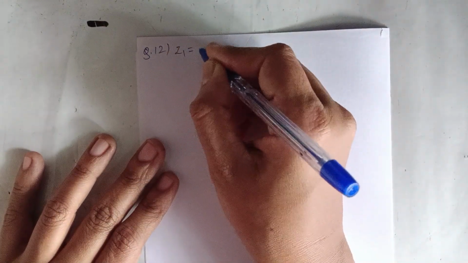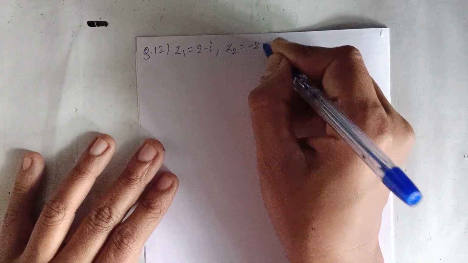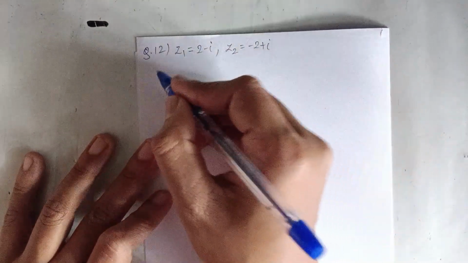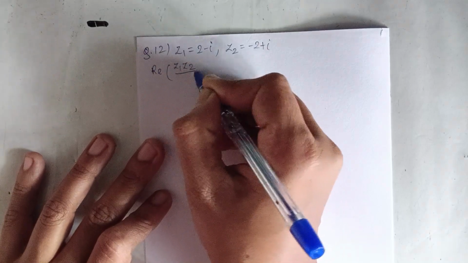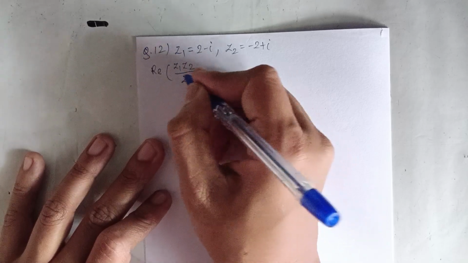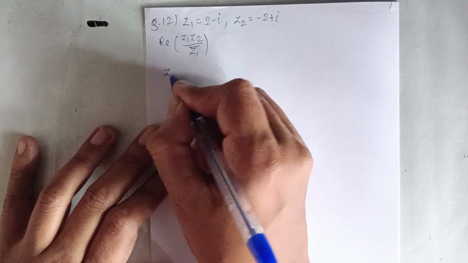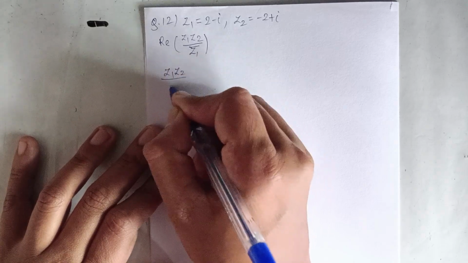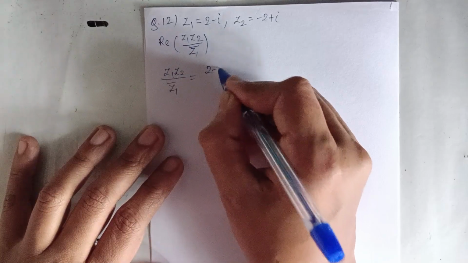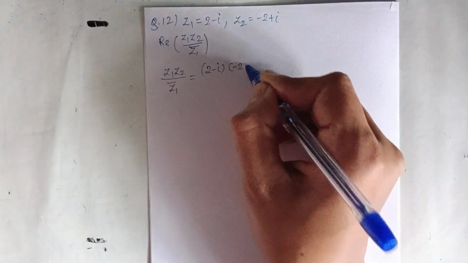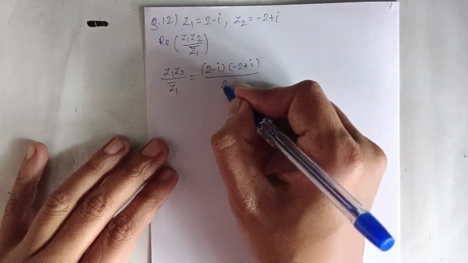Z1 is 2 minus i, Z2 is minus 2 plus i. So to find the real part of Z1 Z2 upon Z1 bar. Okay, so first you find out Z1 Z2 upon Z1 bar. So 2 minus i into minus 2 plus i upon Z1 bar, conjugate 2 plus i.